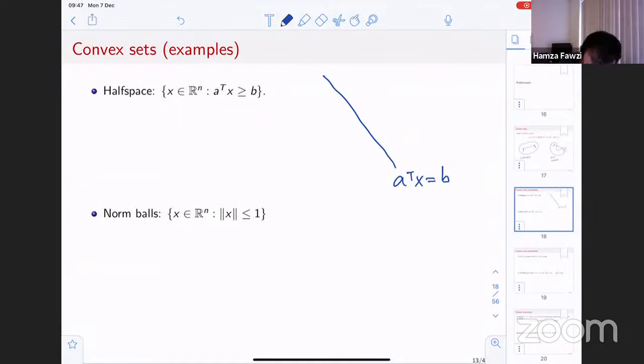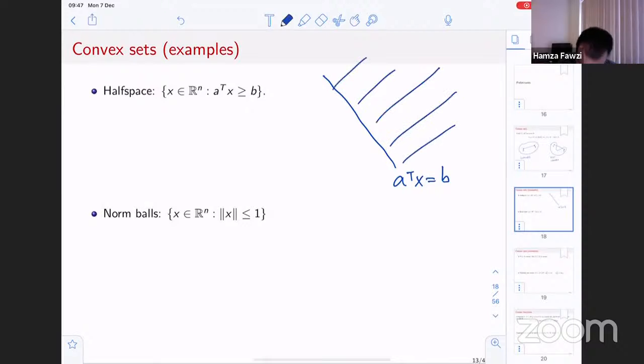A half space is just where you take one side of this hyperplane, and here a is the normal vector to the hyperplane. Half spaces are essentially the main building block of convex sets.